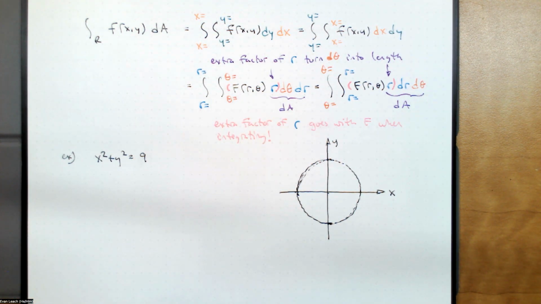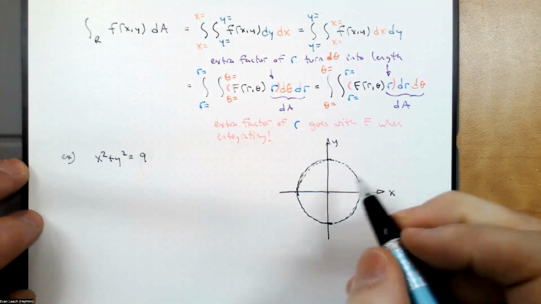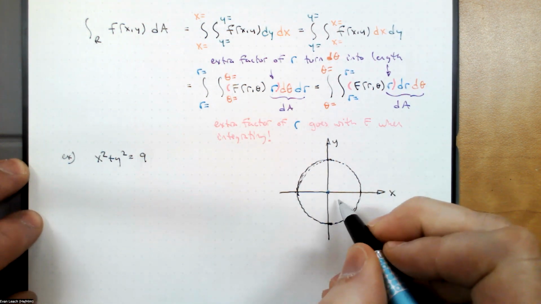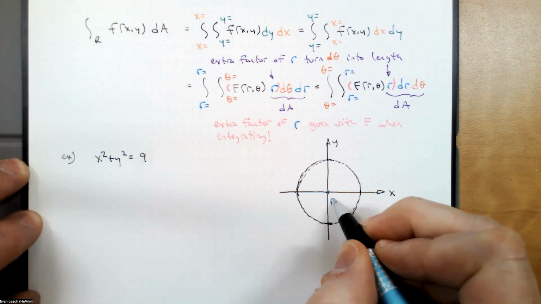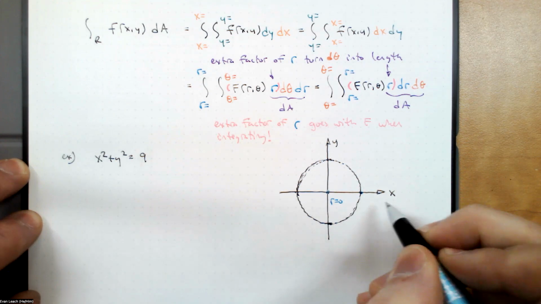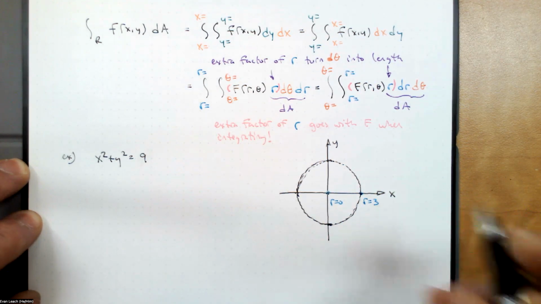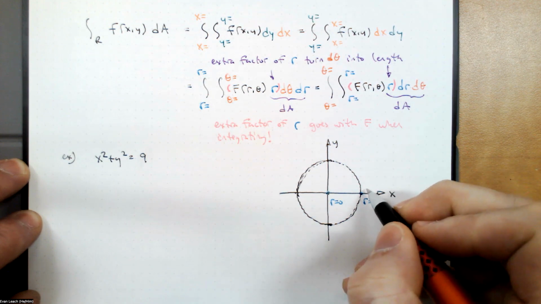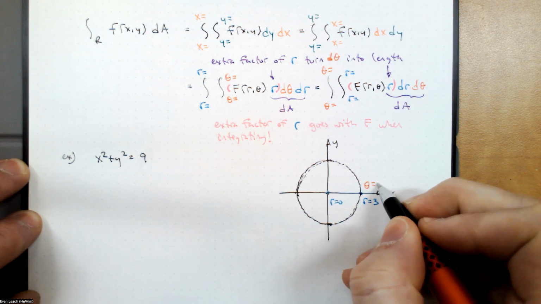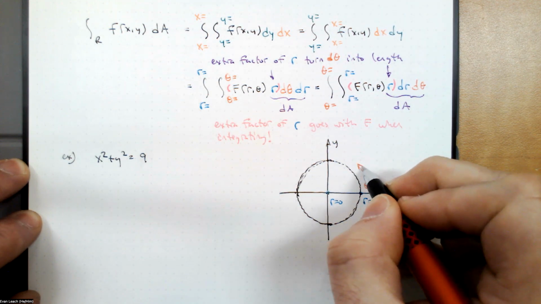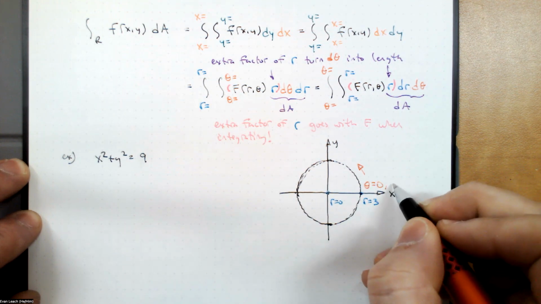when we look at this region in polar coordinates, we can just take R from 0 to 3. We'll just pick a point here. Start at the origin. This is where R equals 0. And go out to R equals 3. And then just take theta equals 0 and go all the way around to theta is equal to 2 pi.